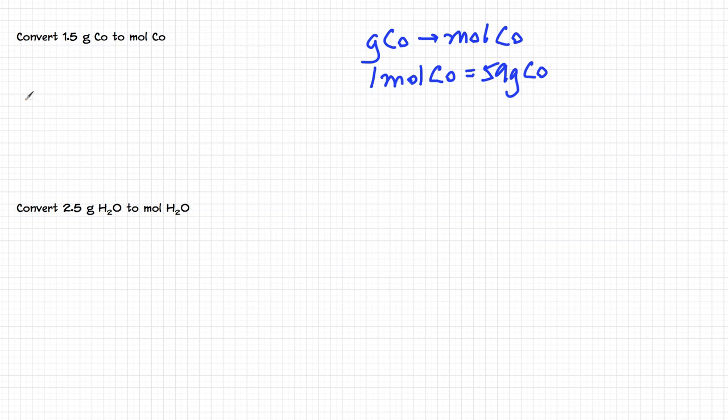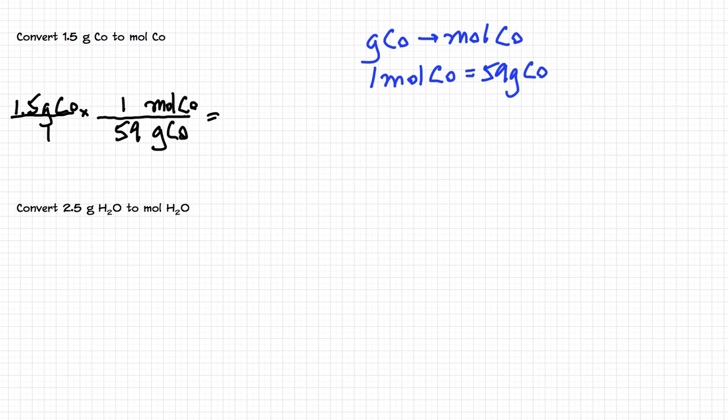So we write down our measurement over 1. And we're going to do this in one step. And we want grams of cobalt to cancel and replace with moles of cobalt. And for every 1 mole of cobalt, we're going to get 59 grams.